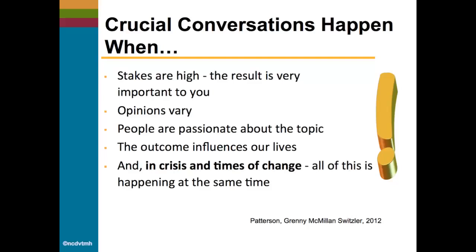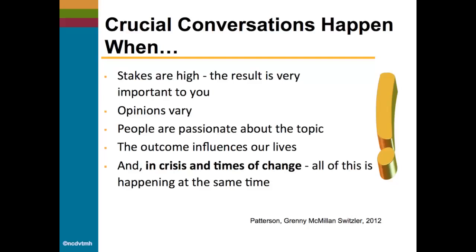It can also happen when opinions are very different. And so in our world of work as advocates and with other advocates, it's in our culture, some would say it's in our DNA, to really share our opinions in terms of creating a world that is nonviolent, in terms of creating safety for children and families, in terms of creating spaces where everyone's voice is heard and no one is in the margins.